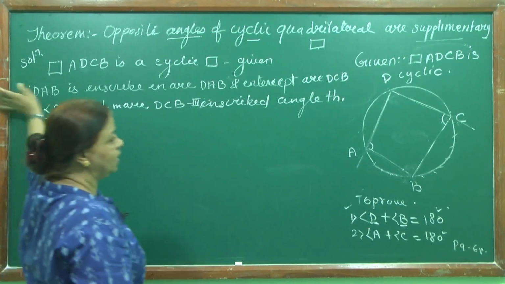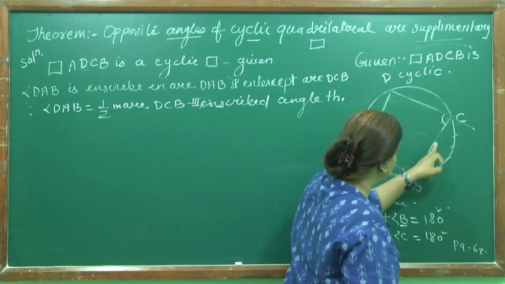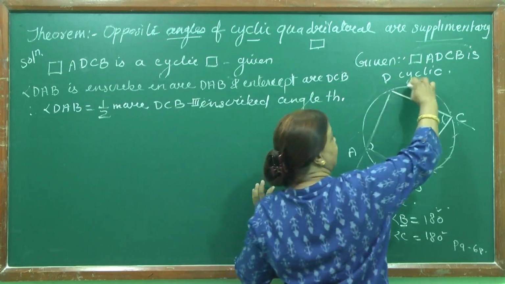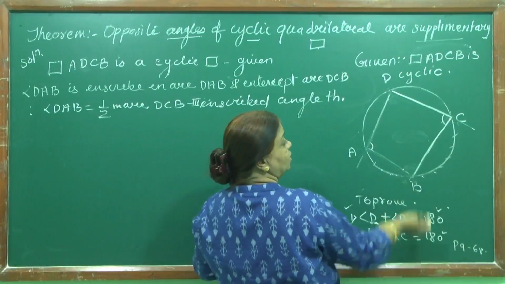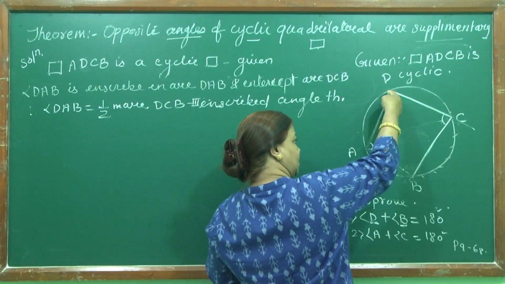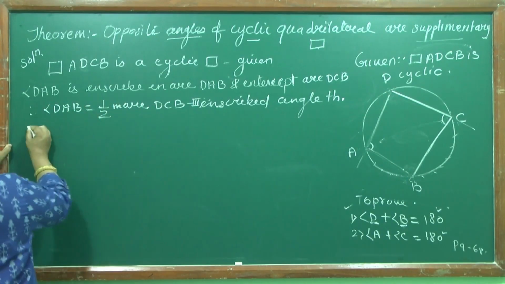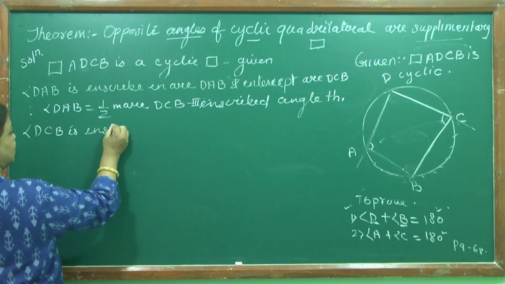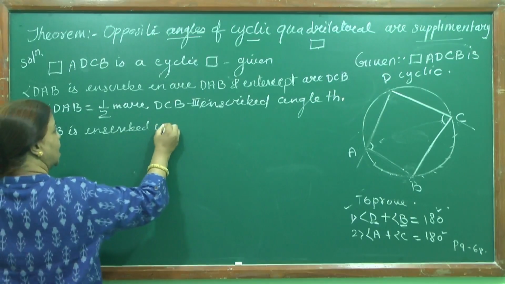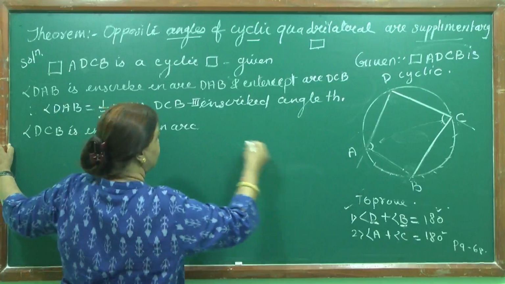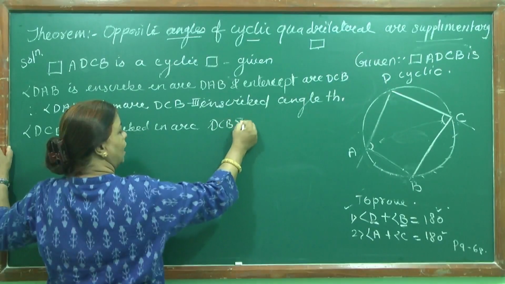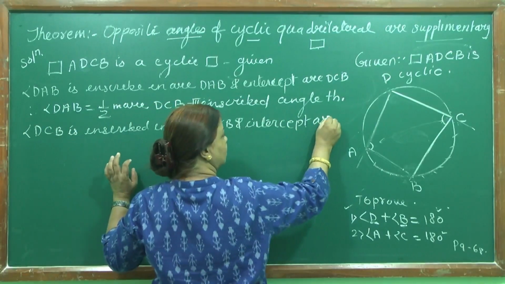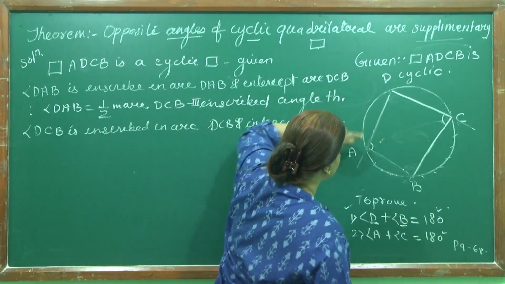Similarly, angle DCB is inscribed in which arc? DCB, but intercepting which arc? DAB. Angle DCB is inscribed in arc DCB and intercepts arc DAB.